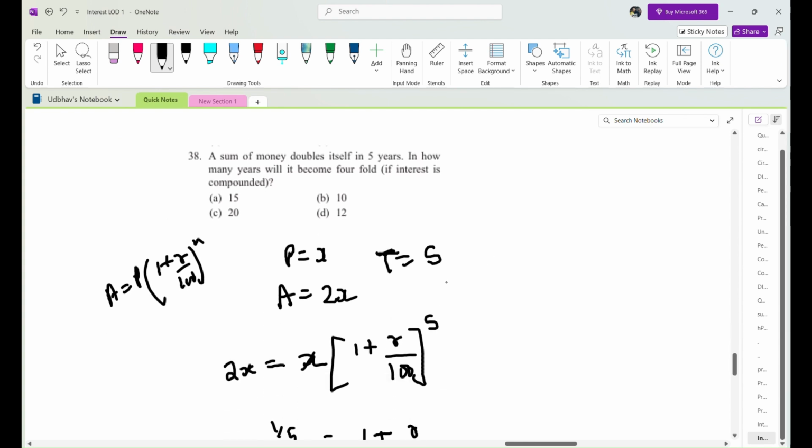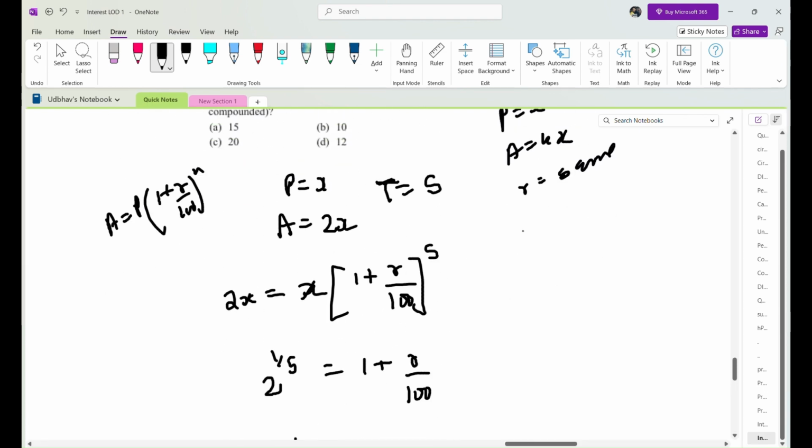So now again we'll use the formula, but now our sum will be x and it will become 4 times, and the rate of interest will remain the same, which we have calculated, and the time is what we want.